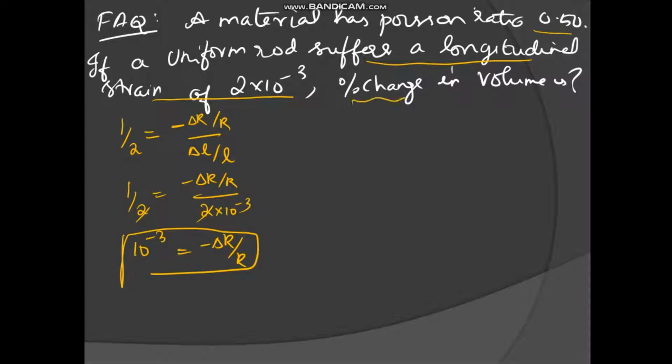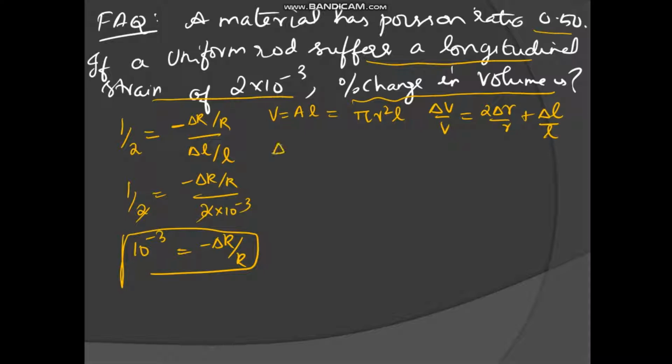Find the percentage change in volume, they are asking. I have said volume is equal to A into L, which for a wire or rod is pi r square into L. So fractional change in volume is equal to 2 into delta R by R plus delta L by L. In many previous videos I have said this thing.